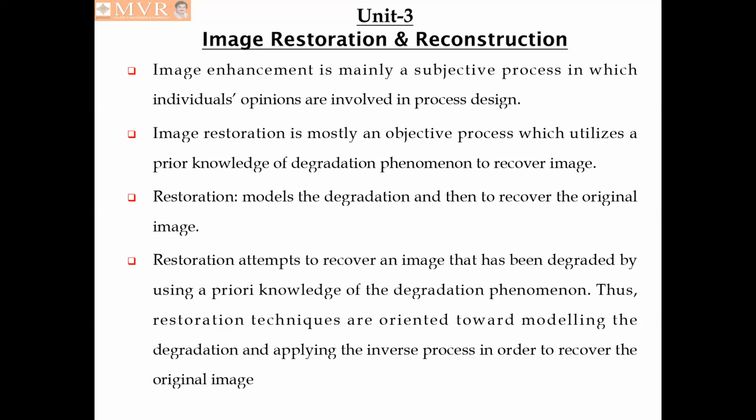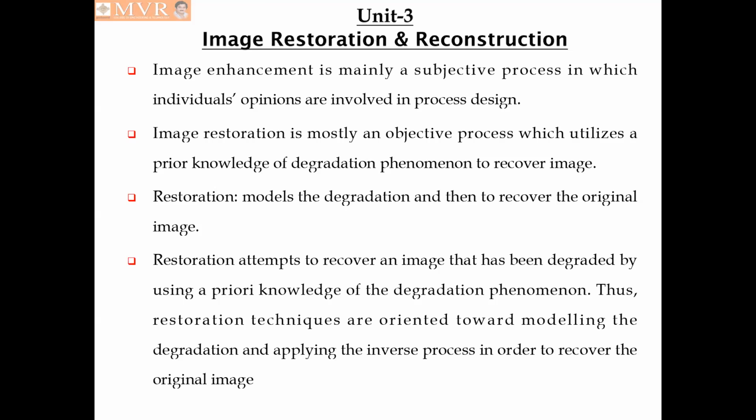Image enhancement is mainly a subjective process in which individual opinions are involved in the process design. Image restoration is mostly an objective process which utilizes the prior knowledge of degradation phenomena to recover the image. Here, one thing we have to know is the purpose of image enhancement and the purpose of image restoration.